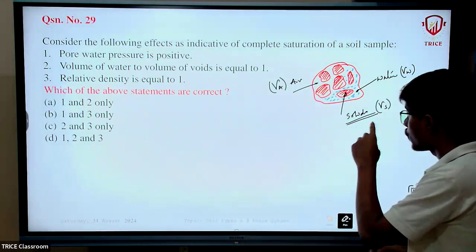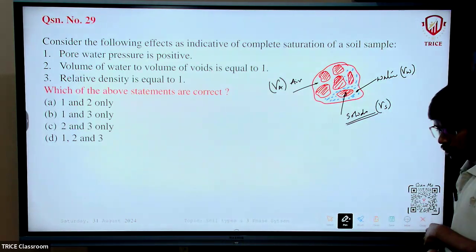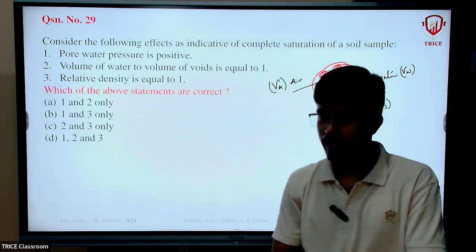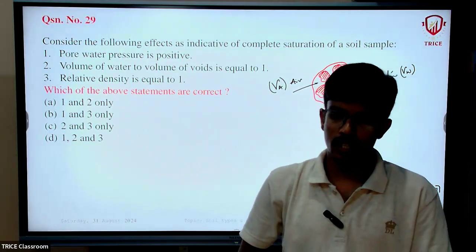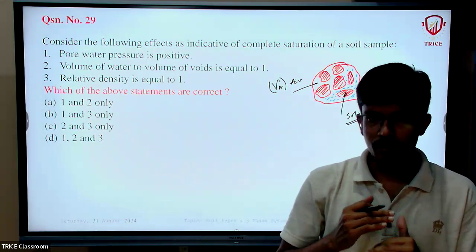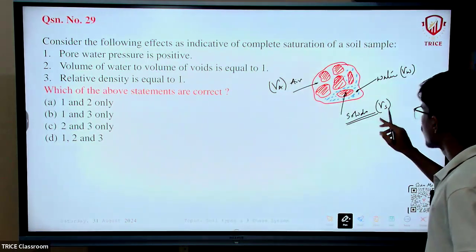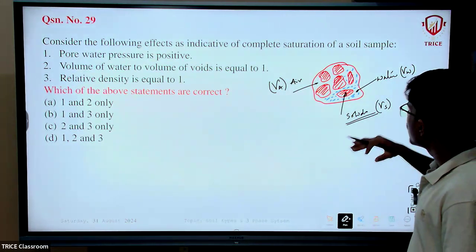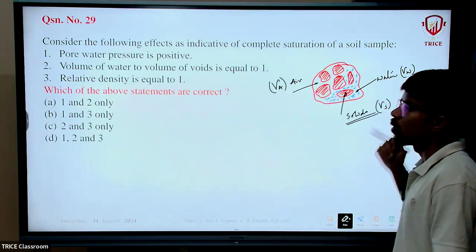For a given volume of air, water and solids, we can take the solid portion as constant, because for the solids we should know their weight and their volume. This is the fundamental, predetermined value, so the volume of solids will be your reference. Only the variable term will be either air or water.